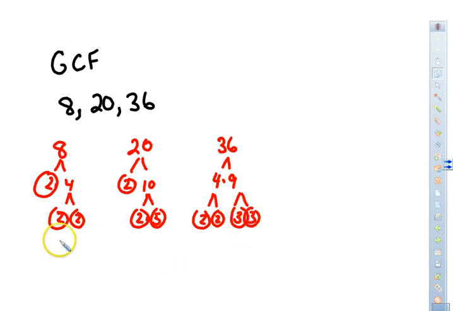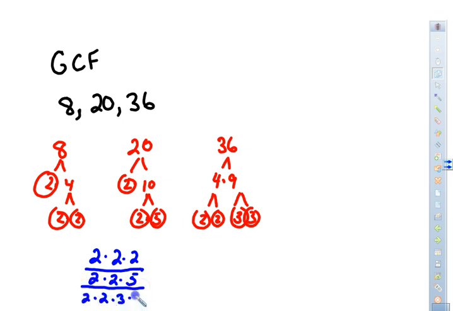Now you can compare, and I like to list them out, is the best way, I think. 2 times 2 times 2, putting them in order from least to greatest. 2 times 2 times 5, and then 2 times 2 times 3 times 3. And once you have that, we can now compare, and you can see that we have a group of 2's, another group of 2's, and there's nothing else.